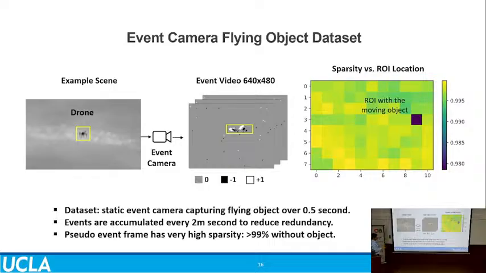Most of it is very, very sparse, and you get a couple of pixels triggering every time to say if there are changes or not. And this is giving you a rough sparsity map on an example ROI of how the sparsity is very, very high in these outputs of event-based cameras.